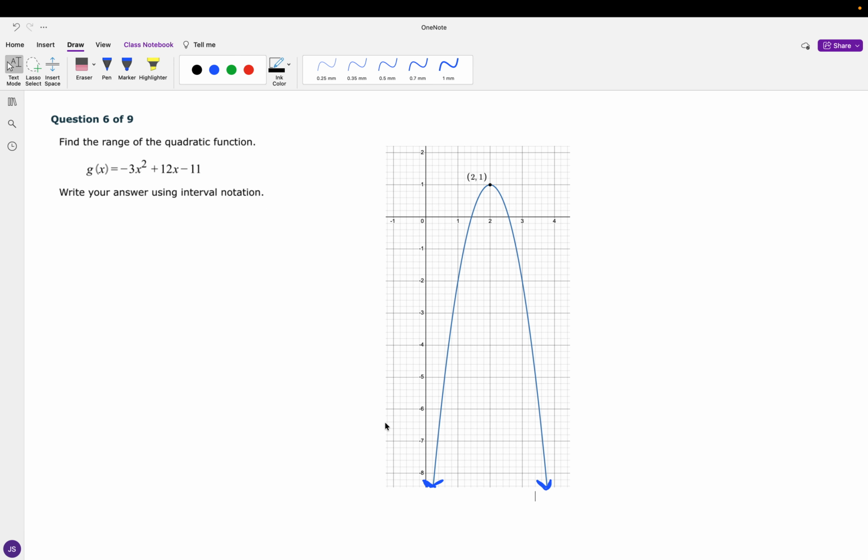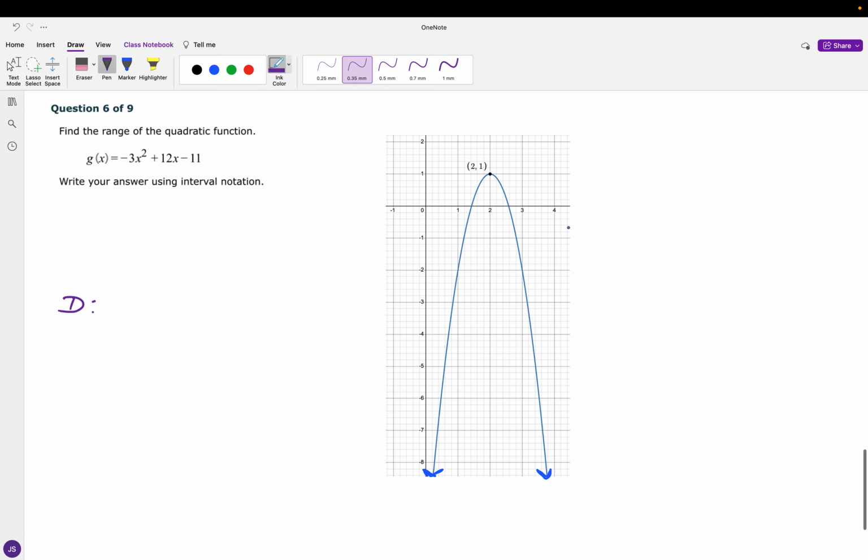Now for question number 6, it says to find the range of the quadratic function. I have decided to insert the image of the quadratic function itself, and I'm going to throw in the domain as well. For the domain, you're looking at the x values. The vertex is the high point, so the graph opens down, moving continuously downward as well as to the left and to the right.